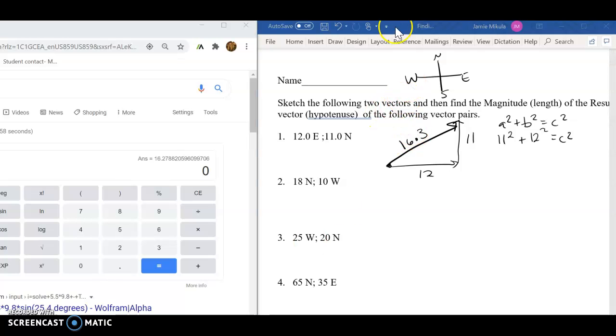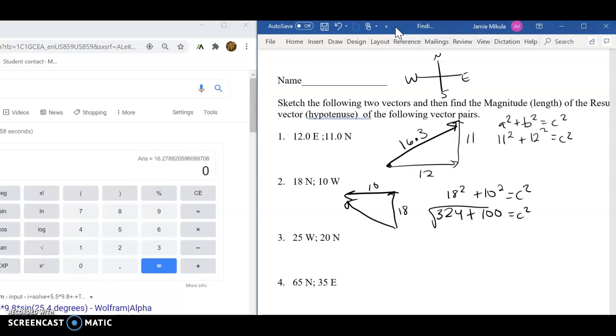The second one here is 18 north. That's north, and that's 18. And from there, we're going to go west at 10. So our resultant is going to look like that. So we're going to do 18 squared plus 10 squared equals c squared. 18 squared is 324. 10 squared is 100.